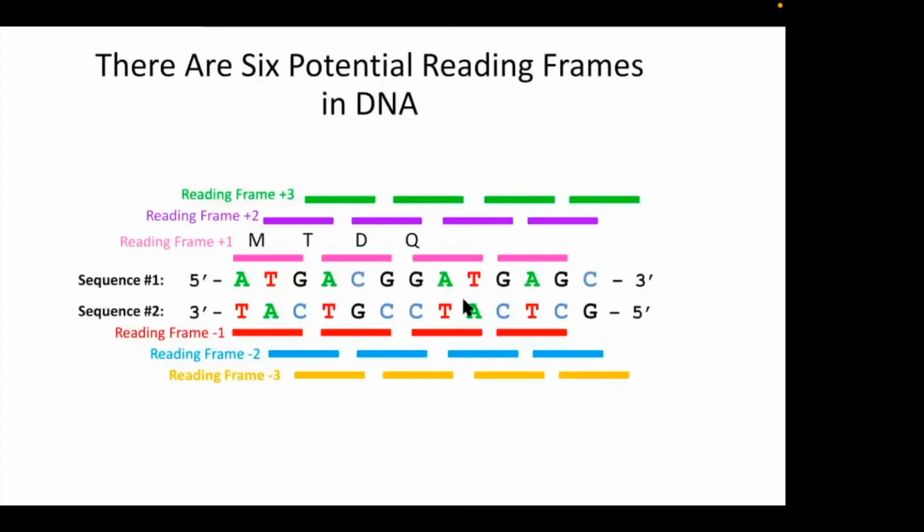And when transcribing DNA into RNA, or even when translating RNA into proteins, we have different reading frames. So the reading frame could start at point 1 or next over or further over.